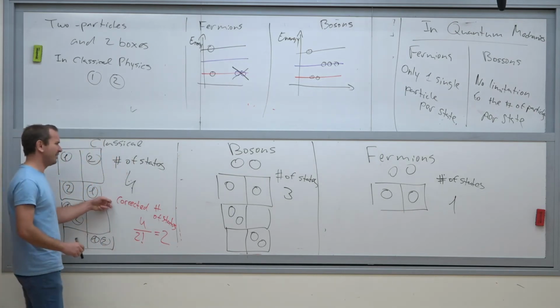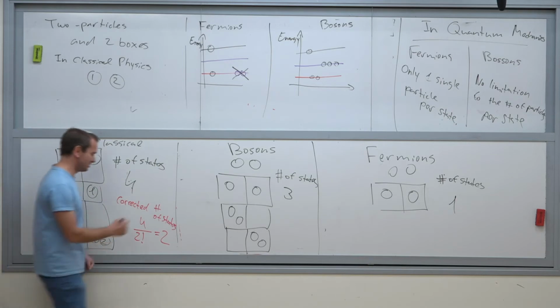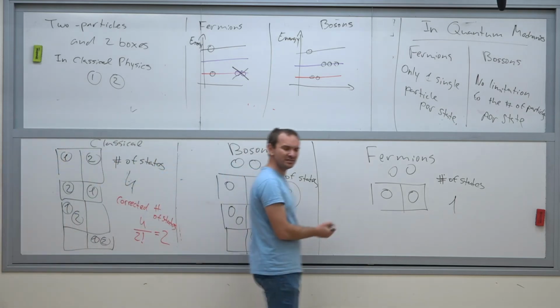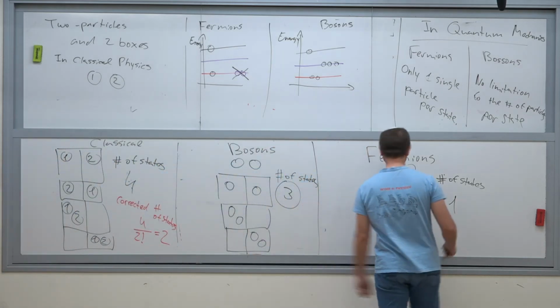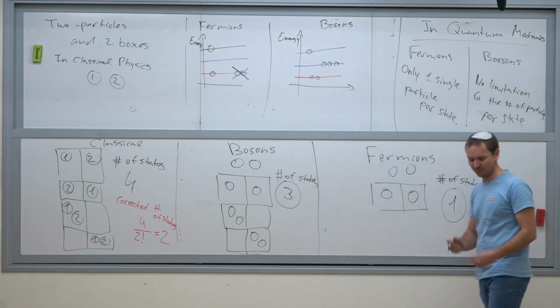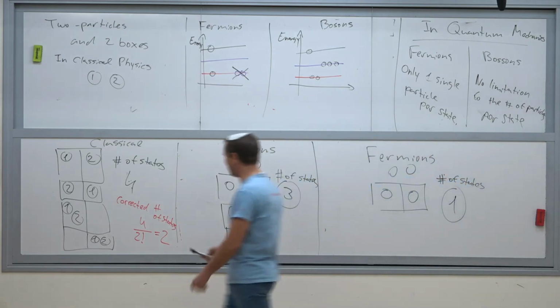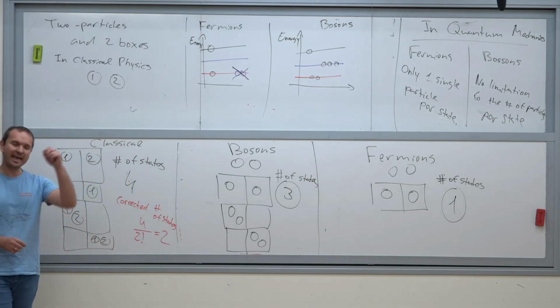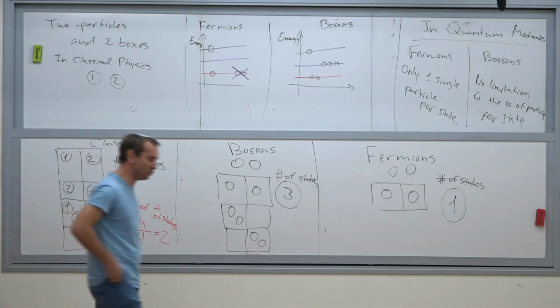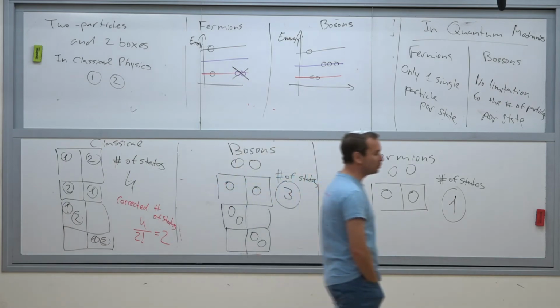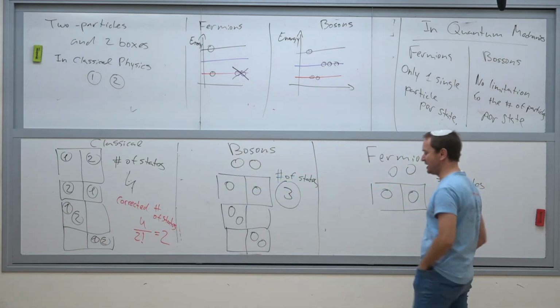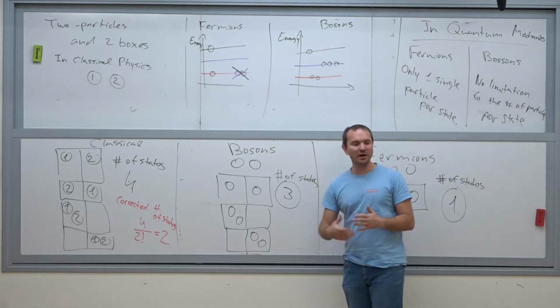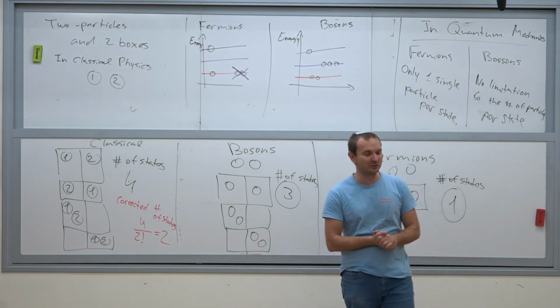So what are those classical particles? Bosons? No, bosons have exactly 3 states. Fermions? Fermions have only 1 state. I have something in between. It's not that by dividing by the total number of permutations I actually got the right quantum mechanical statistics or quantum mechanical behavior.